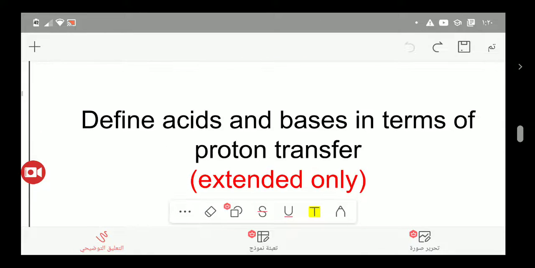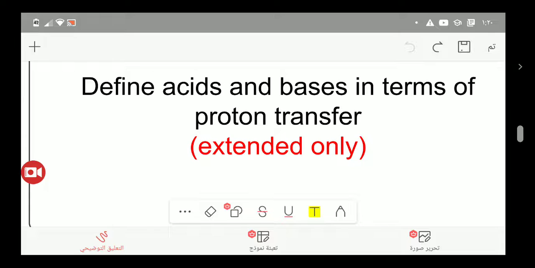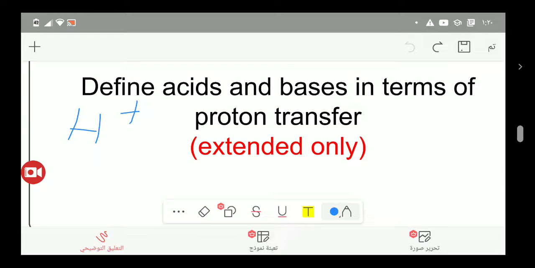Define acid and base in terms of proton transfer. The hydrogen ion is called a proton.